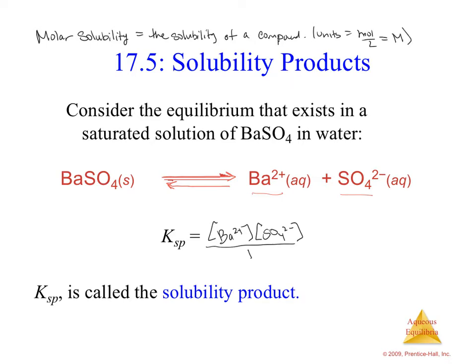So we'll be talking about molar solubility of a compound, and that just tells you how much is actually dissolved in water. What we're going to see, we can calculate molar solubility of a compound directly from a KSP value. So again, this is a KSP specifically for a solubility product constant.